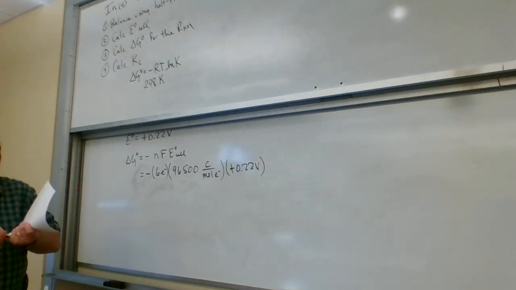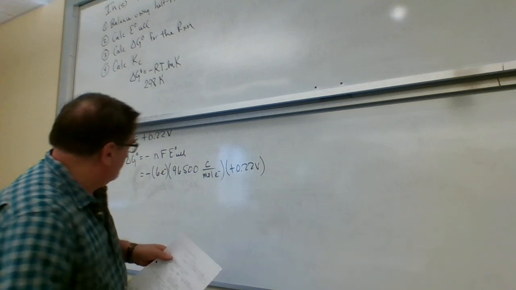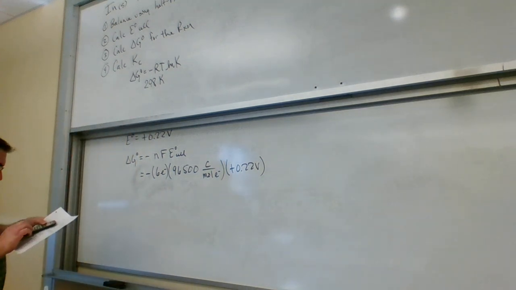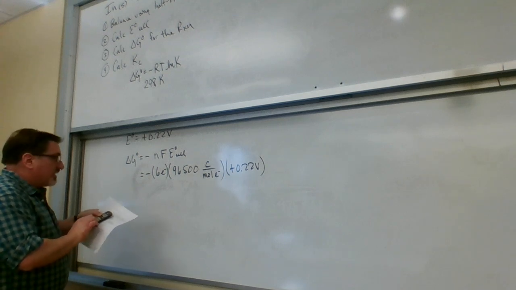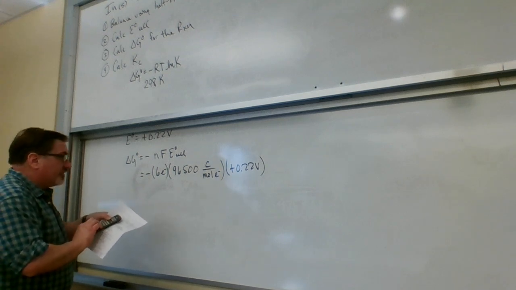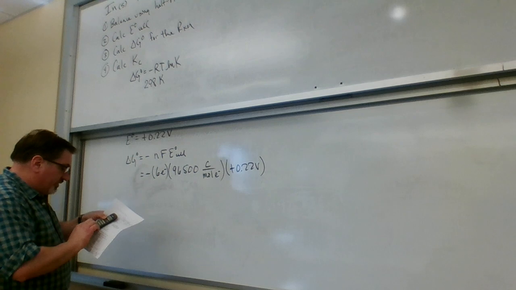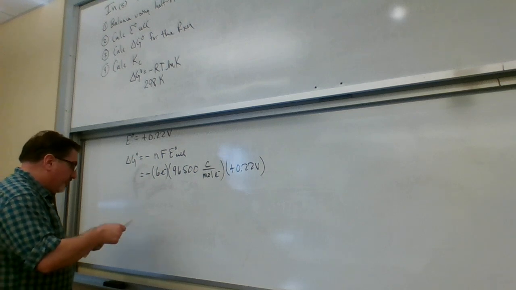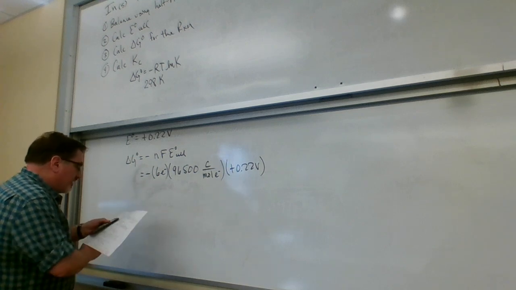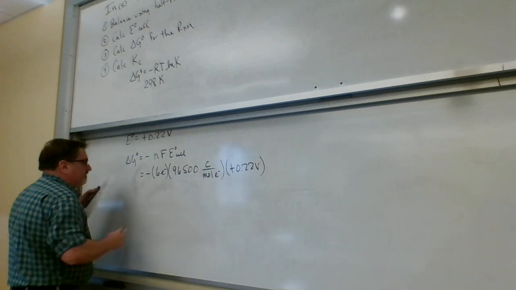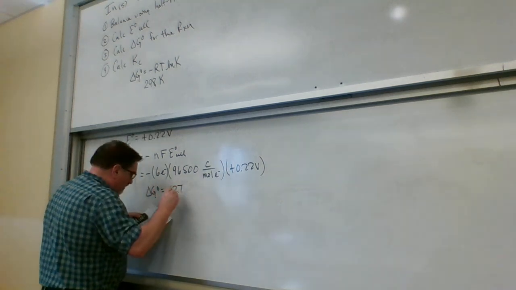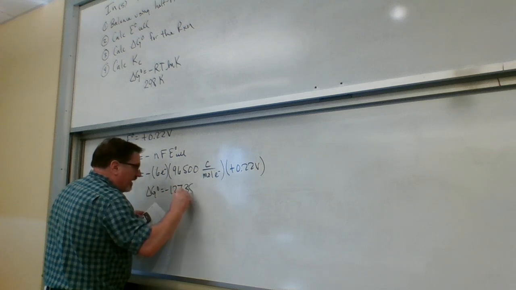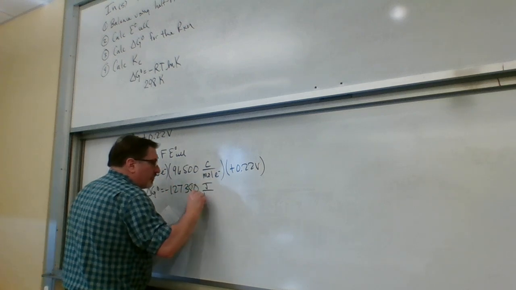So we dig out our calculator. Minus 6 times 96,500 times 0.22. I get minus 127,380 joules per mole.